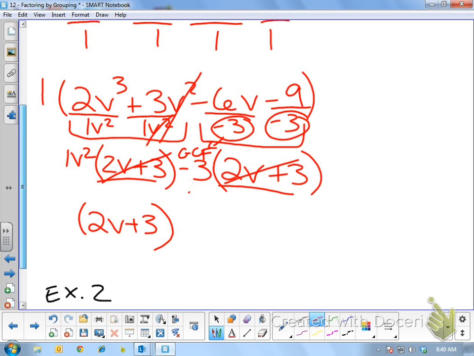When we did square roots, even though there was 2, 1 died, only 1 made it out alive. It's that same idea. What do I write in my second parenthesis? So minus 1v2 minus 3. And then my greatest common factor from my original step goes out front.